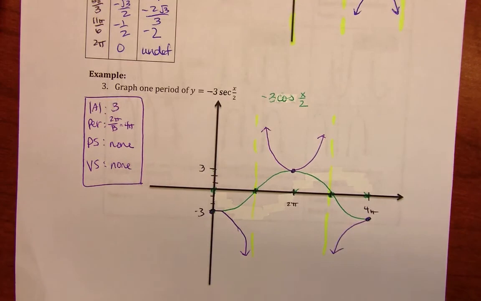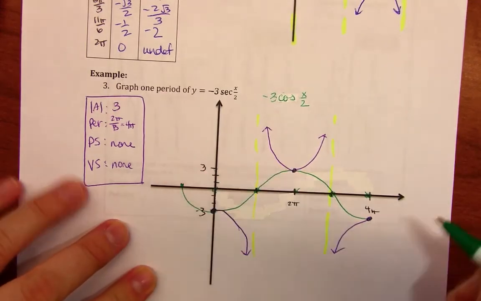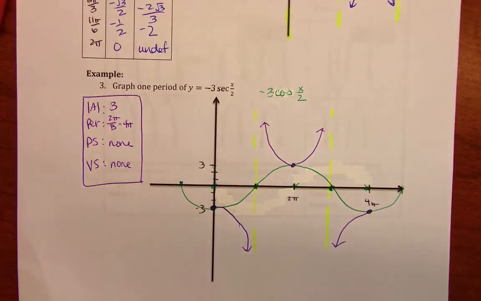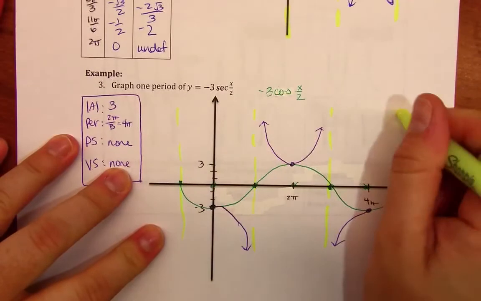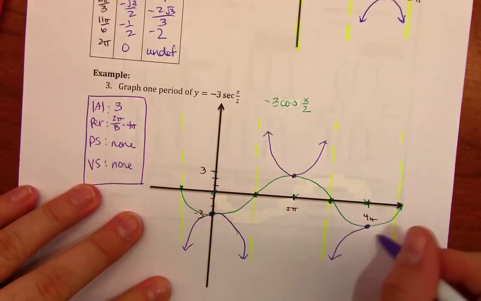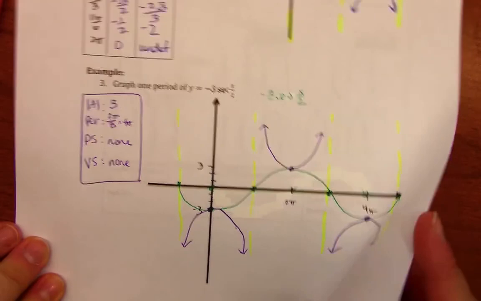And if you wanted to, you could kind of finish this out here just to make your curve a little bit smoother if you want. You don't have to, but you can. You'd then have another asymptote. You could finish out those curves. And there we go. That's our last example, but on the next page you have some really helpful information.